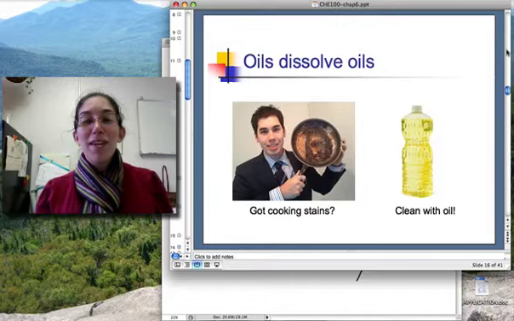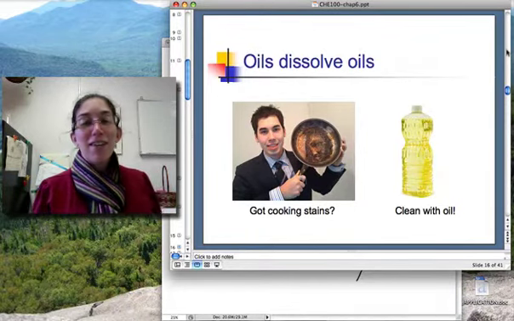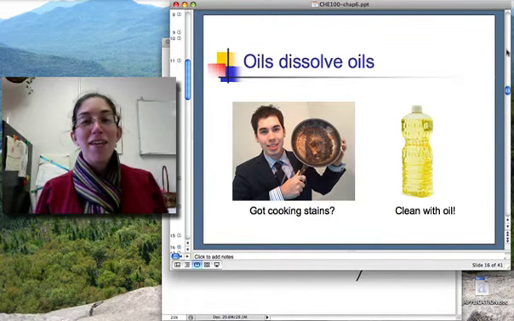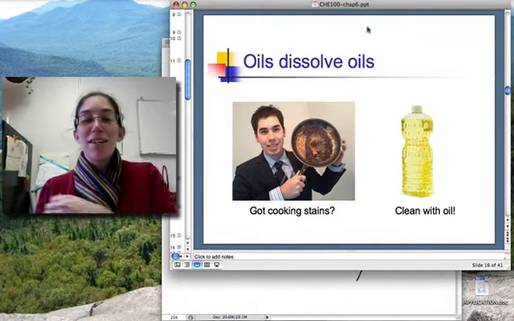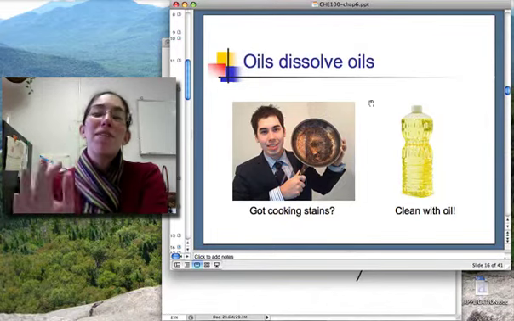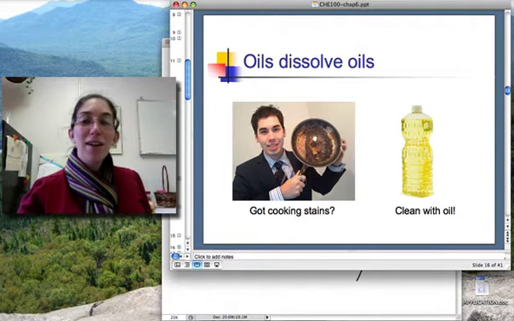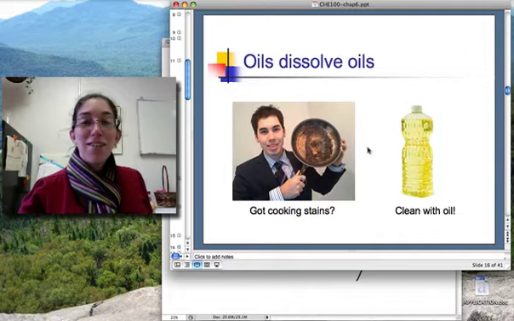So something interesting about oils: if you've ever cooked in a skillet or a pan and you get all this greasy oily stuff on the bottom of the pan, and you wash it and you have to scrub and you can't get that burned oil off. The best way to clean that off actually is to use oil.